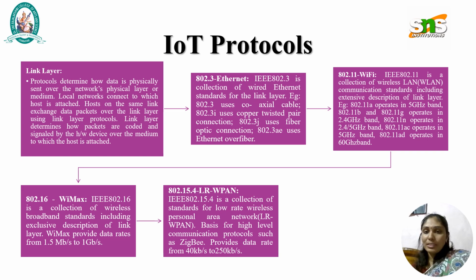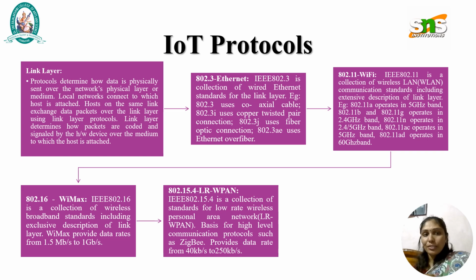Followed by the physical design, there are IoT protocols in the physical design. First of all, the link layer. So what is the link layer? We already know the 7 layers in a network. The data link layer is the first layer of the network. Protocols determine how data is physically sent over the network's physical layer media.